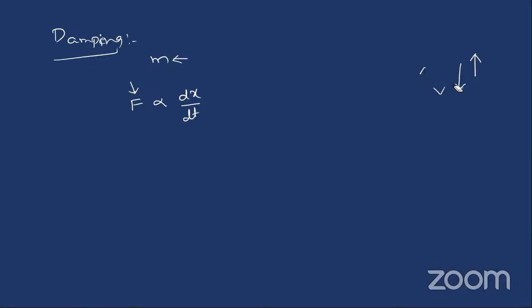So keeping these things in view, when I model this, the damping force is always proportional to the velocity. Because those two move in opposite directions, I'm replacing it by a negative proportionality constant. This time I'm taking it as minus R into dx by dt.